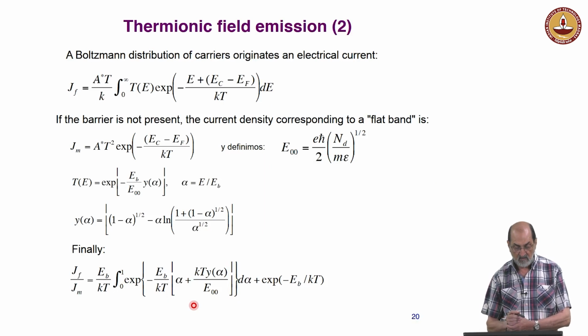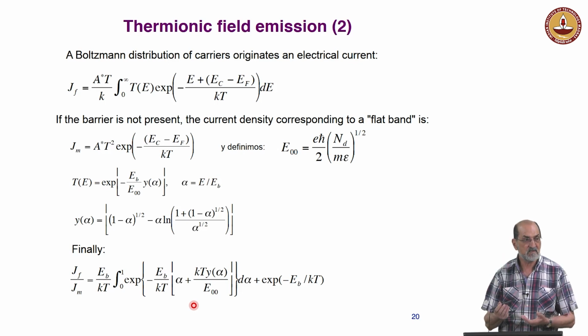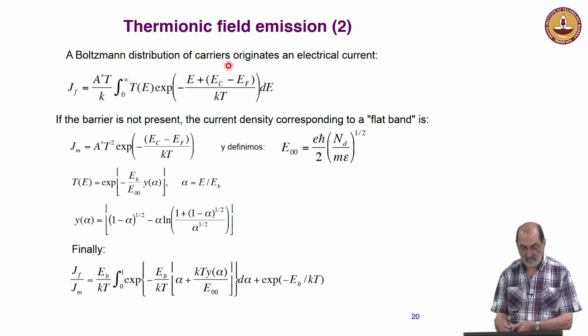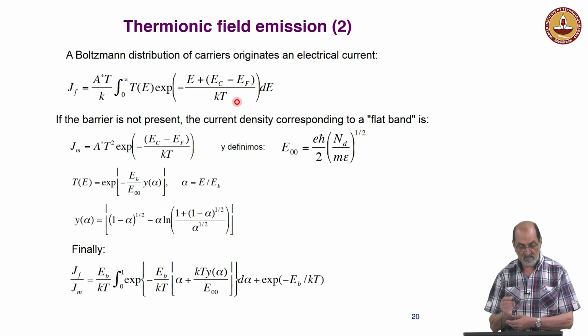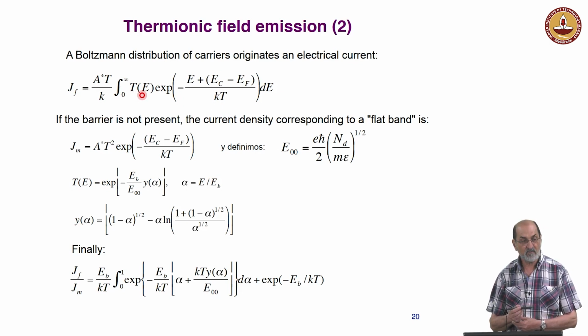To simplify the calculations, you take a Boltzmann distribution instead of the Fermi-Dirac distribution, which is quite valid because the Fermi-Dirac distribution, for energies not far above the Fermi level, behaves as a Boltzmann distribution. So the total current is obtained by integrating all the electrons impinging on the surface, multiplied by the probability that they can tunnel through the barrier.